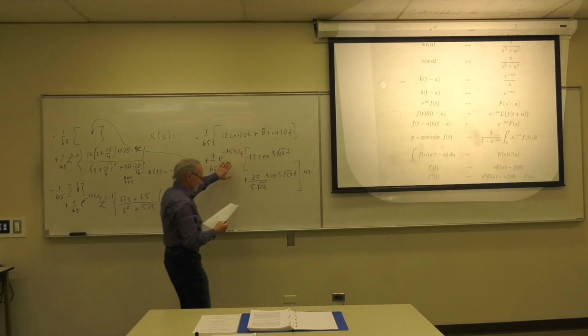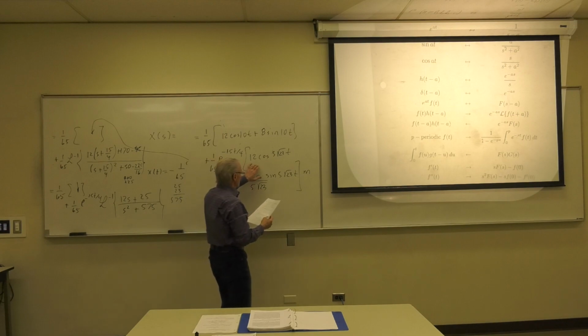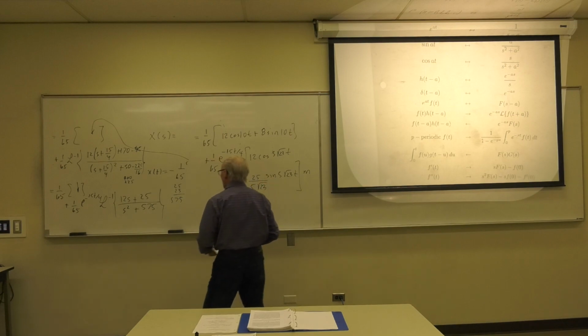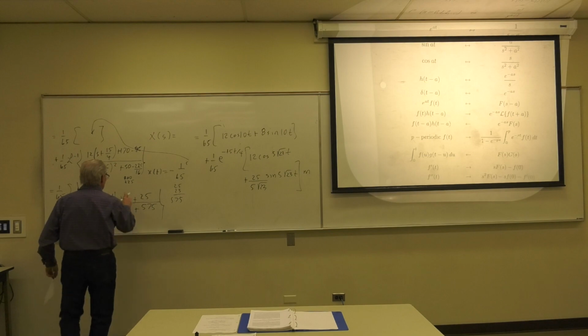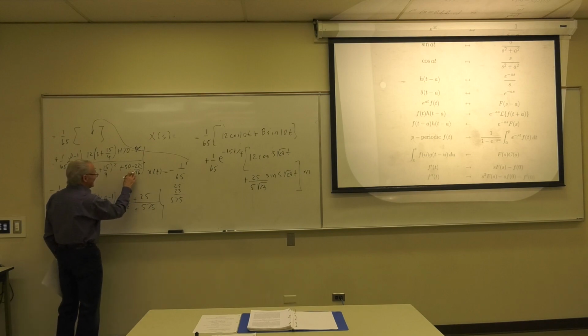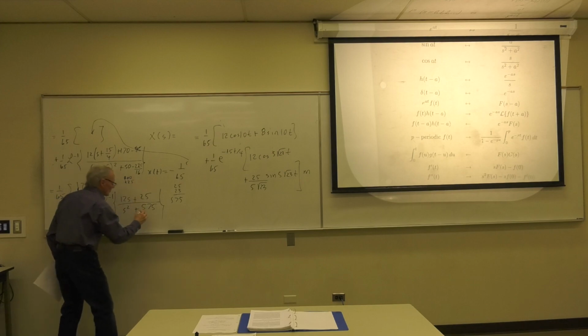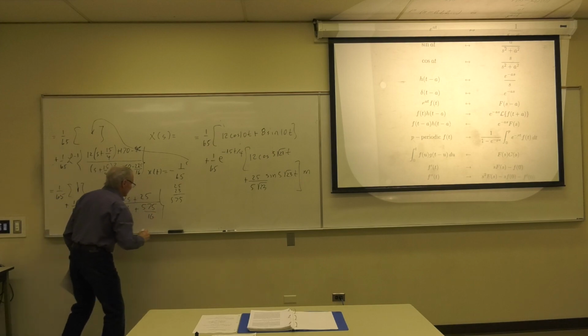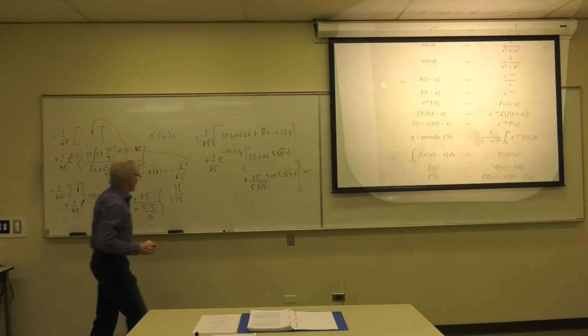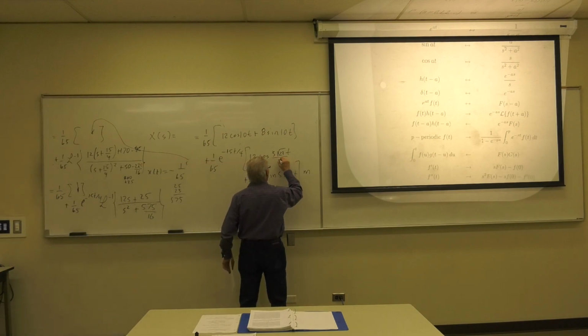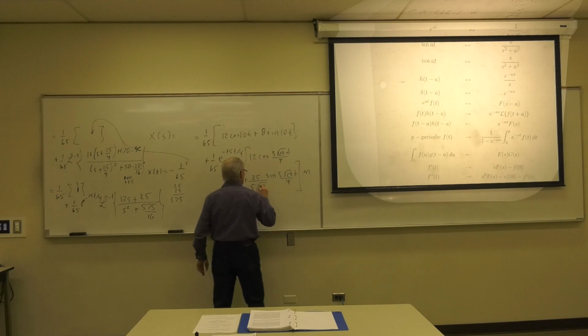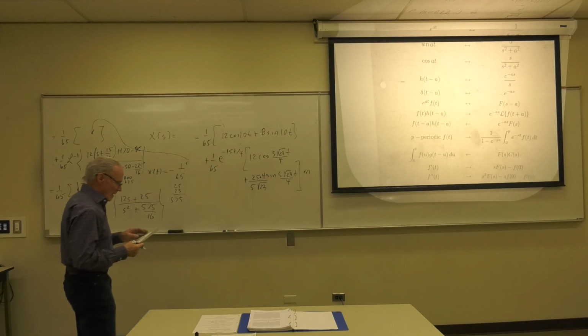Plus this one, 12 cosine, forgot something. When I did this, I calculated that number, 575, but it's supposed to be over 16. I forgot that. So this is then over 4. This is over 4. And this, I guess I'll need then, is a 4 on top. 4 on top. So how does that look?